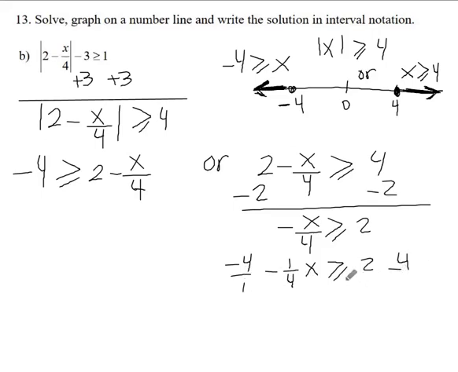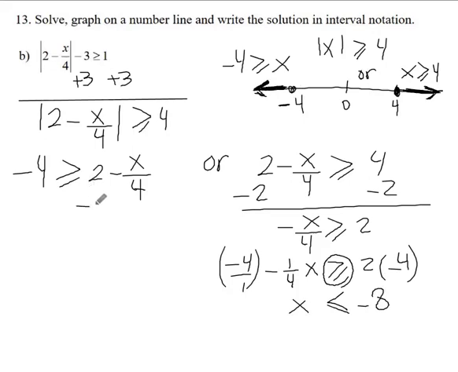When you do that, you want to make sure that you change the direction of the inequality to its opposite direction. So it becomes x is less than or equal to, you're multiplying both sides by minus 4, that becomes minus 8. So x is less than or equal to minus 8 is one side. So that would be like this side here that we just found.